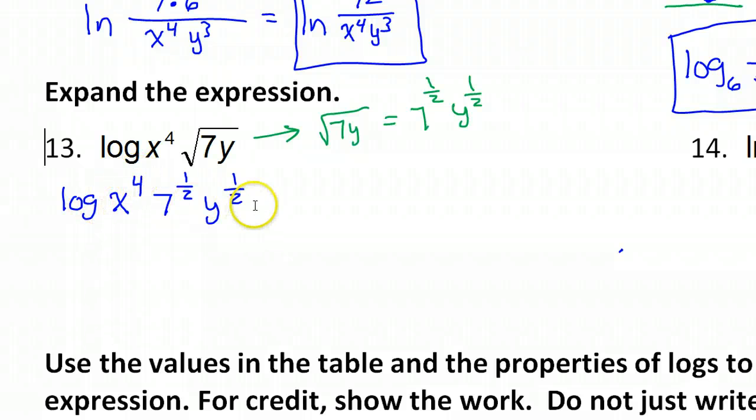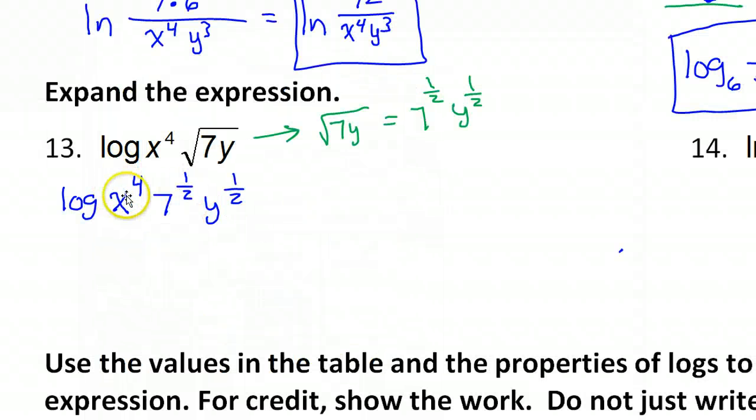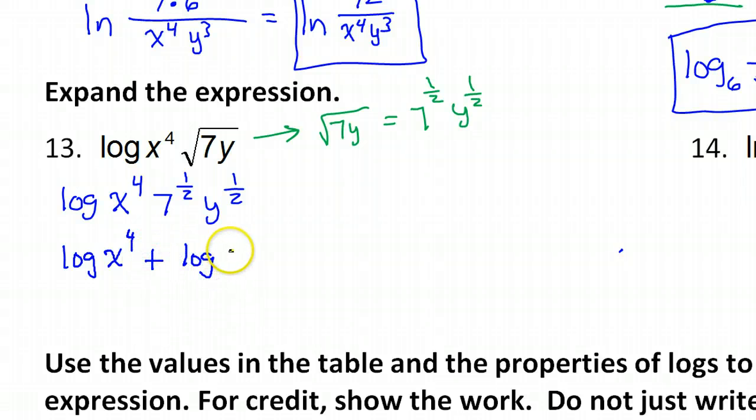Alright, so we have three things all multiplied together. So we can use the product rule to turn this into a sum. But it will be a sum of 3 logs. So this will become log x to the fourth power plus log 7 to the 1/2 power plus log y to the 1/2 power.